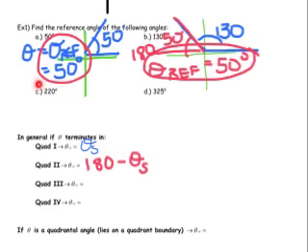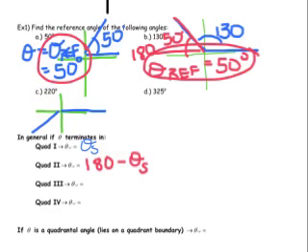Now let's go to quadrant 3, 220 degrees. So draw 220 degrees. 220 degrees is in quadrant 3. Now, of course, this is a huge angle right here. That's by no means acute.